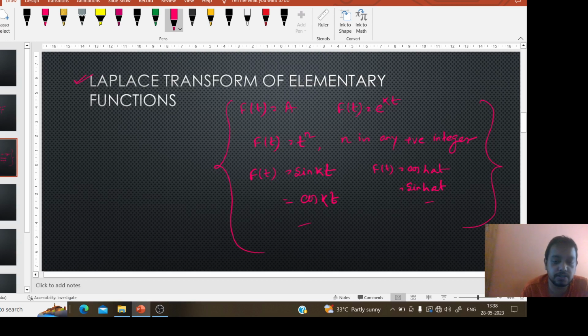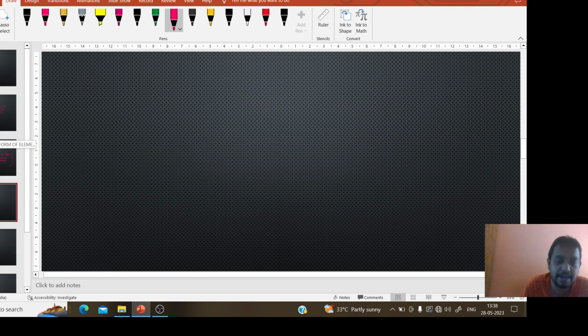So here, if we take the Laplace transform of the function where f of t is equal to a, that means this is the constant function. How can we find the Laplace transform of any constant function?